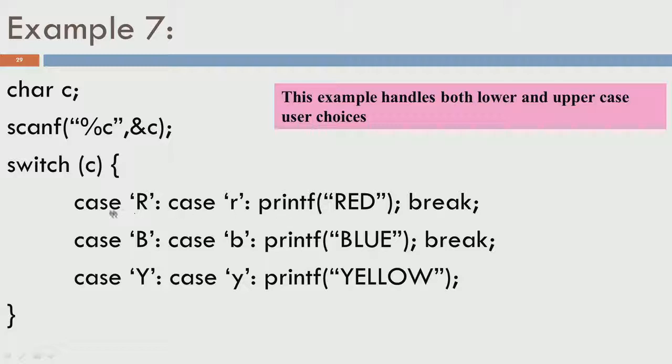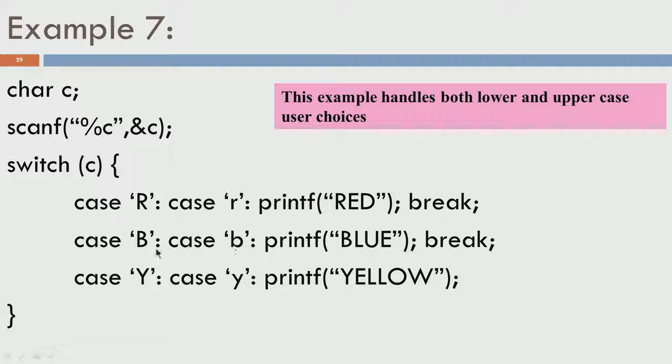So, I could write this as case capital R printf red break, case small case r printf red break and so on, but we are executing the same set of statements for both these choices, small case r and uppercase R. So, therefore, if you have a series of choices for which you want to execute the same set of statements, you can just put them back to back and have this set of statements exactly once.